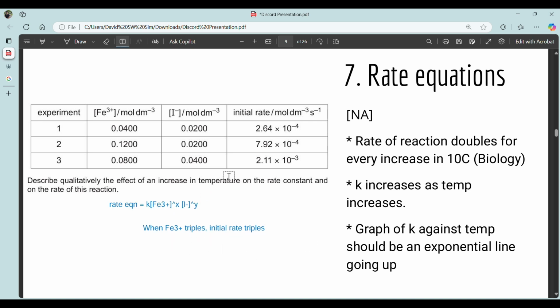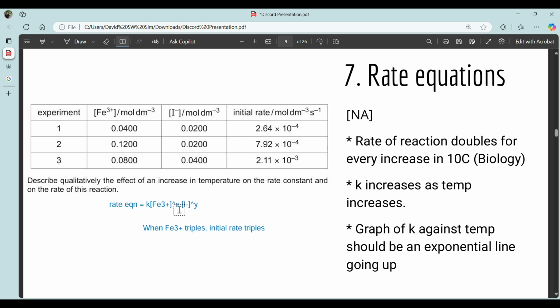So in other words, what you always do is you find two experiments where one of the concentrations remains the same. Then you divide the rate of reaction for these two, for the reactant whose concentration changes. As we can see here, when Fe3+ triples, your initial rate also triples.